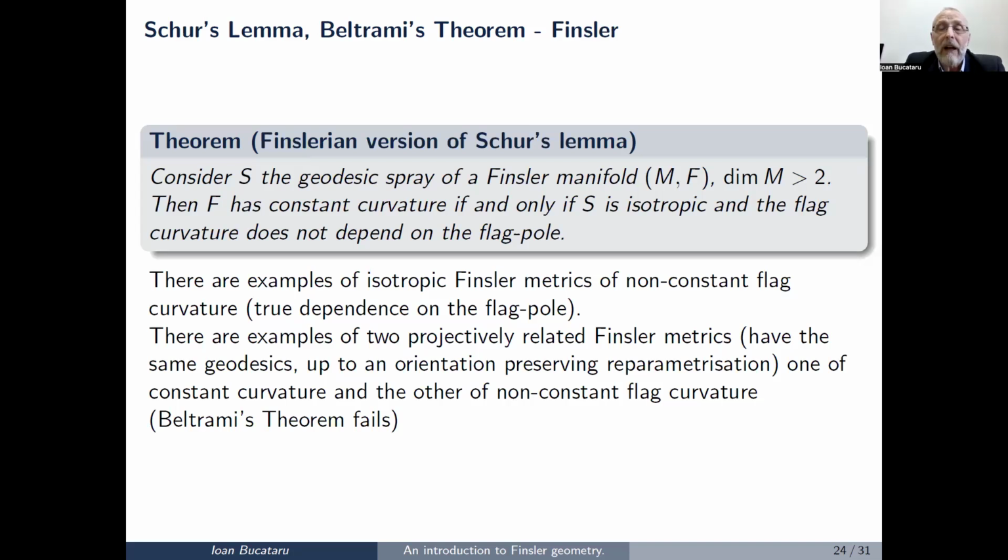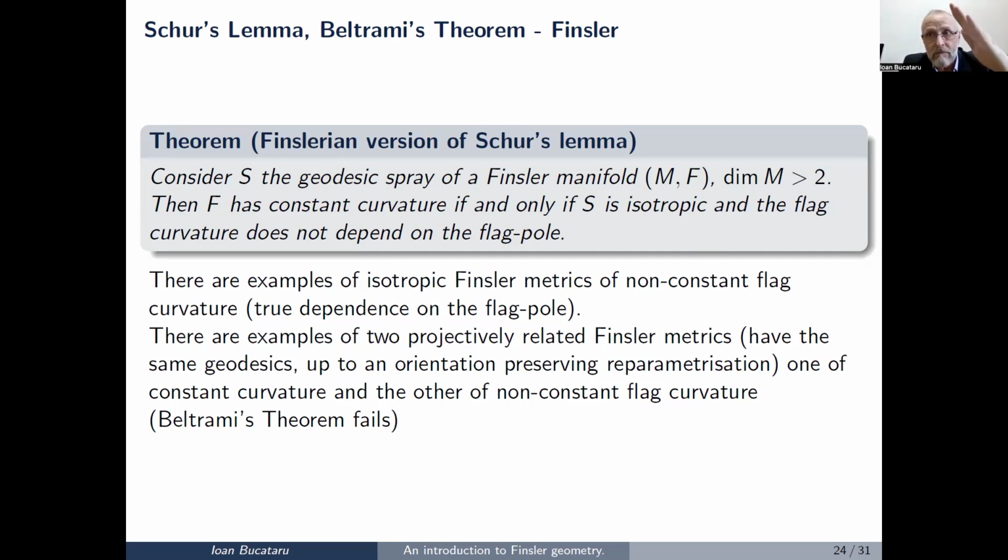A few years ago, I tried to extend this result with one of my former PhD students, Georgeta Crețu. In Finsler geometry, I'm not sure if these are the examples you were looking for, there are examples of Finsler metrics of non-constant flag curvature that truly depend on the direction.